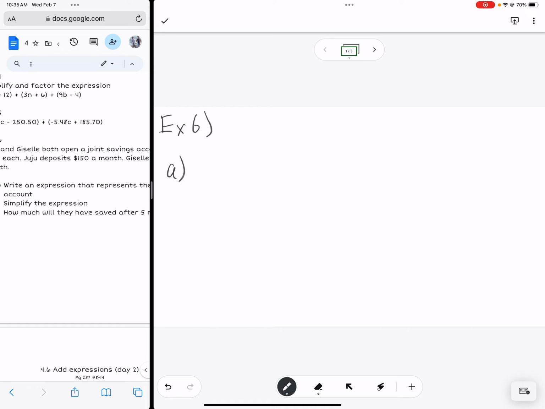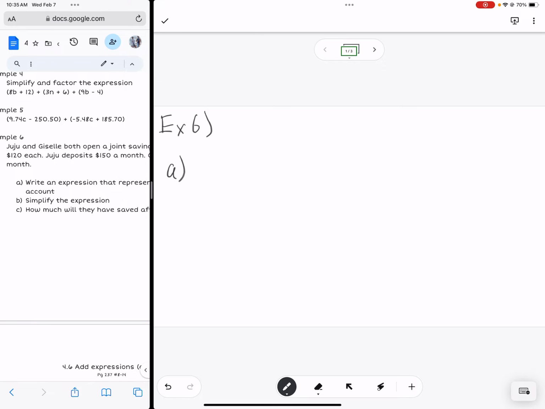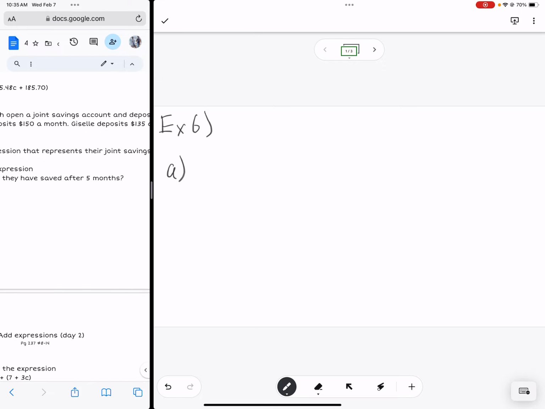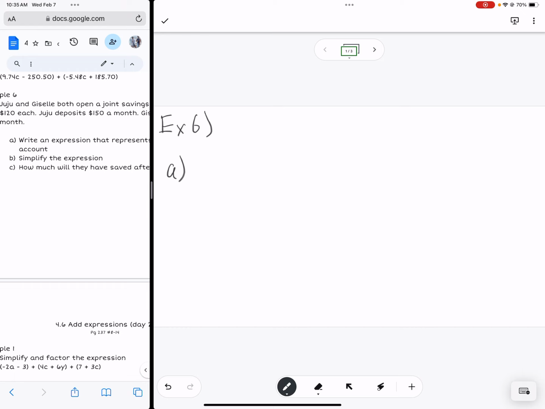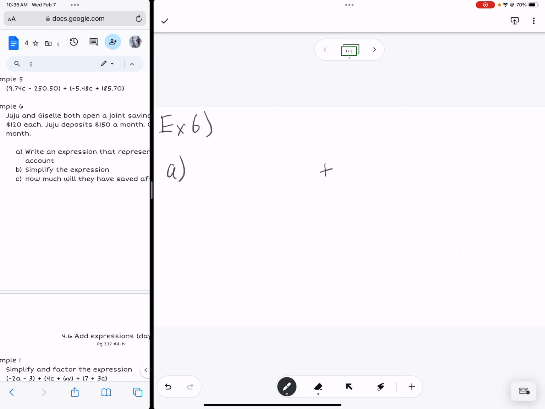So if we have a joint savings account, what are they essentially doing? They're combining their earnings. If we're going to write an expression that represents their joint savings account, we're going to want to add, because when you save, you're combining. So what do they both start with?